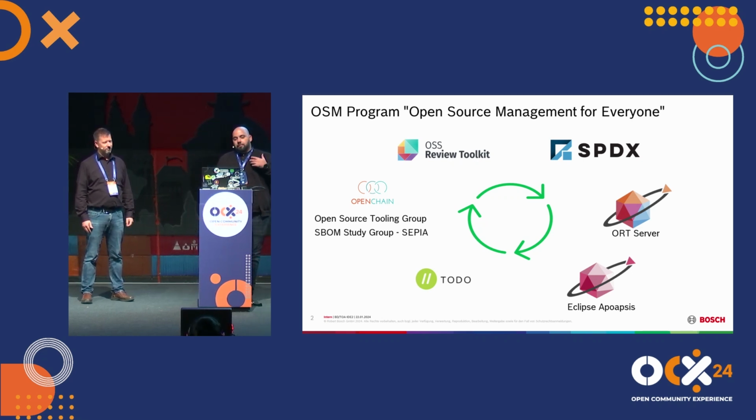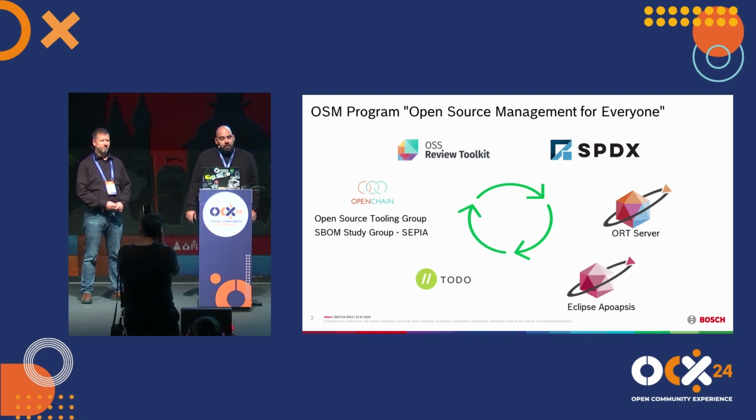So generally speaking, we had this notion, also with Marcel, in the past several years being part of the OpenChain Automation Work Group, of open source management for everyone, this OSM program, where like-minded people with diverse knowledge and backgrounds from different work groups and communities work together to create a testing ground for SCA tools.